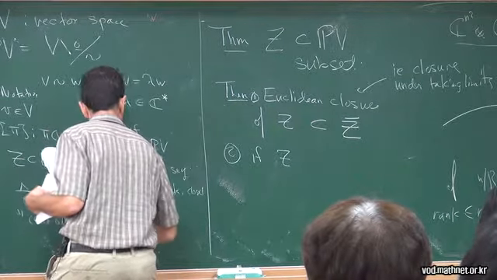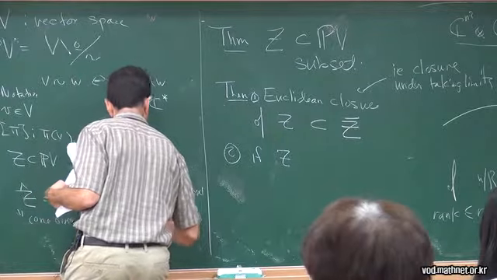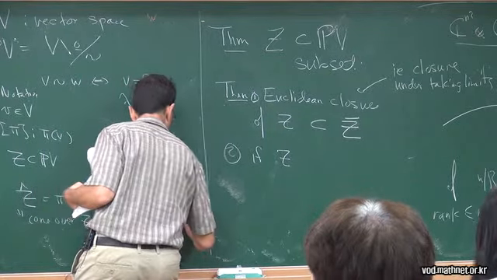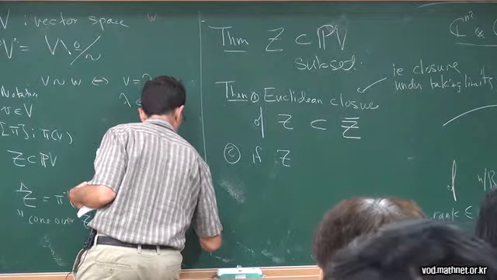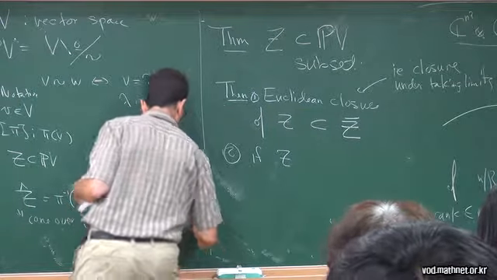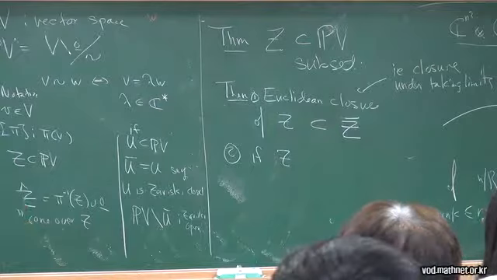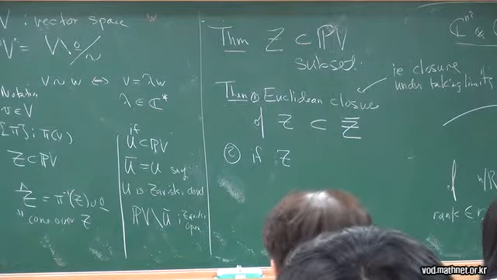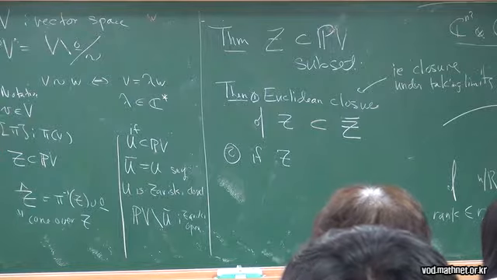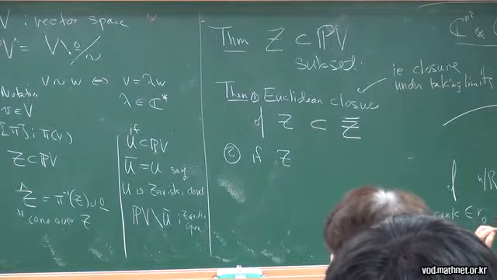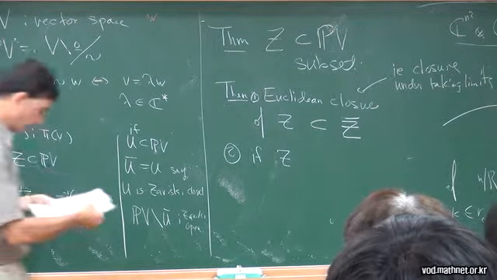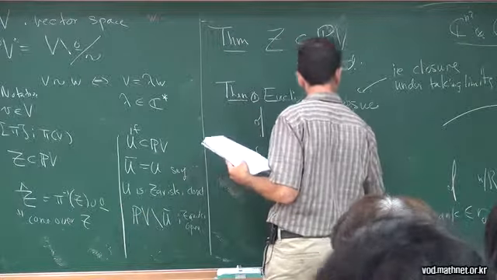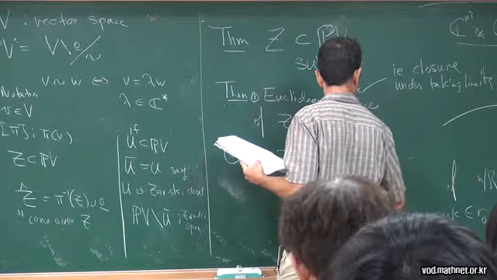And PV take away a Zariski closed subset is Zariski open. And more generally, the complement of a Zariski closed set inside another set is a Zariski open subset of that other set.